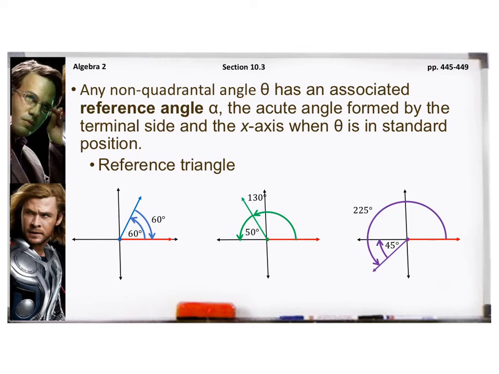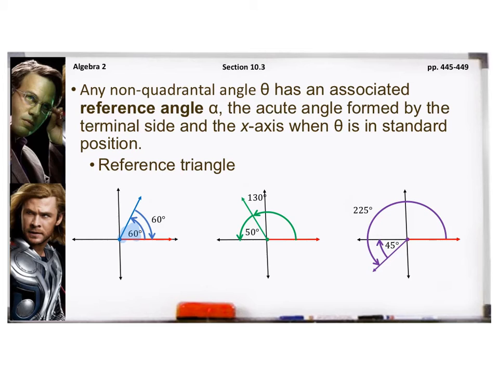All right, any non-quadrantal angle theta has an associated reference angle. I tried to give you some examples. It's the angle that sweeps to the x-axis, not any axis, the x-axis. So notice that in the first quadrant, the reference angle is the same as the original angle.